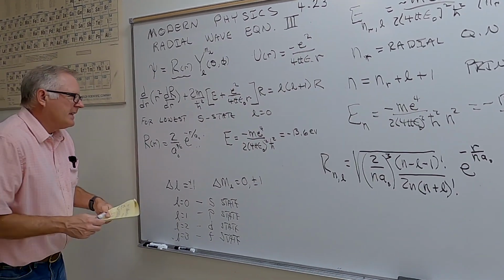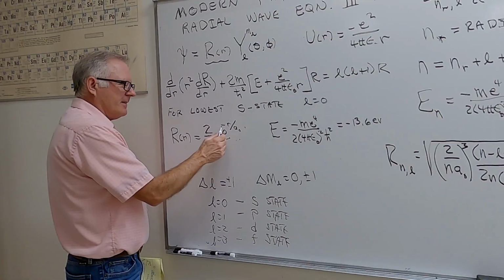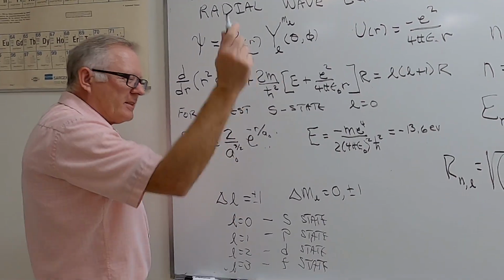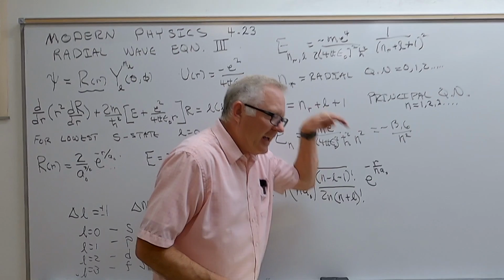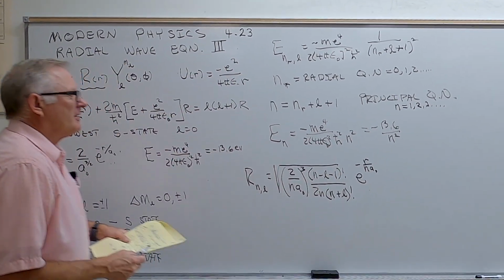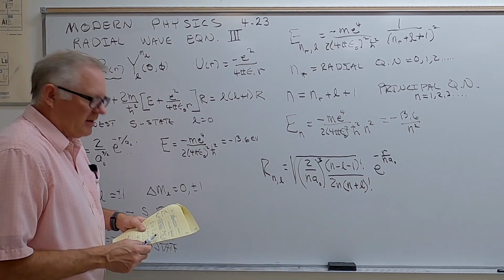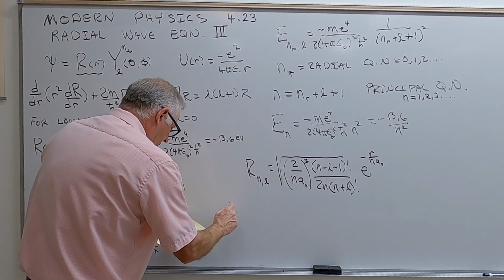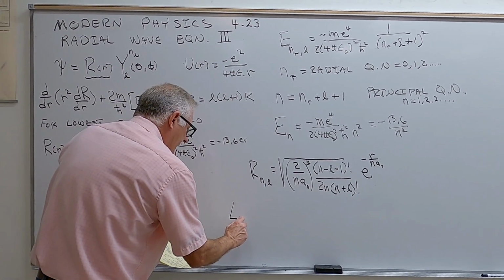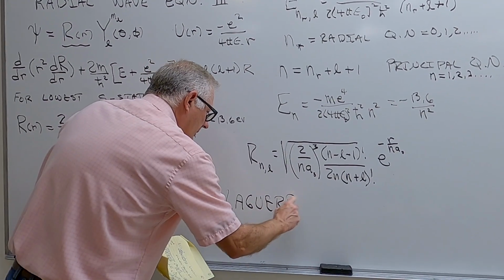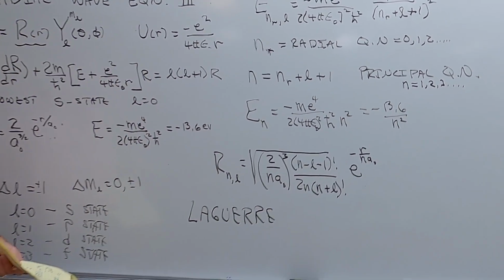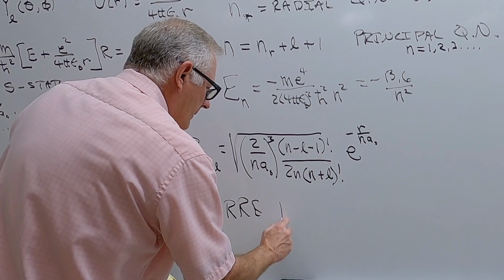Okay, now what we said is it's going to be this times some polynomial that gives you the wiggling right here. We needed this to make it die out at infinity, but there's some polynomial, and they call that a Laguerre polynomial, L-A-G-U-E-R-R-E.